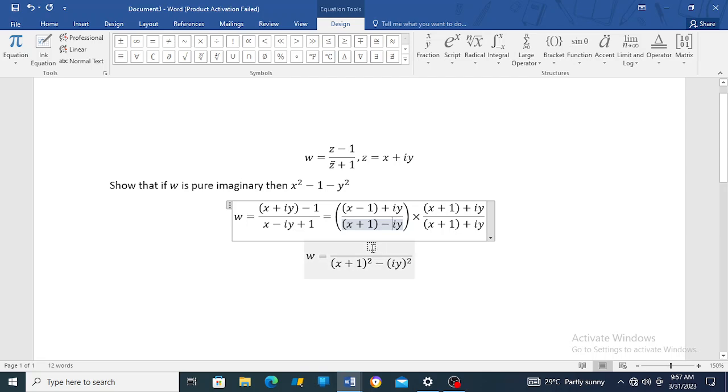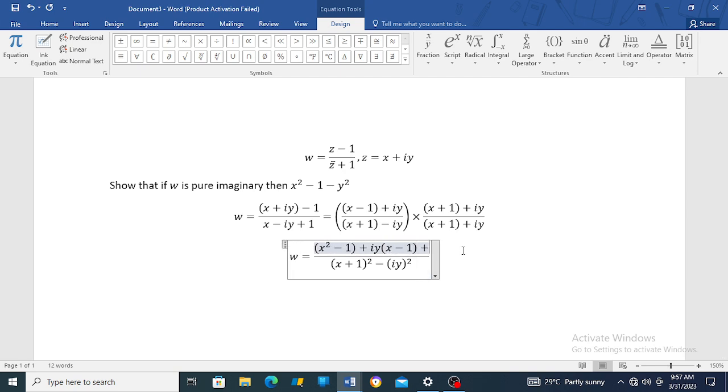Now the numerator we need to multiply. We multiply x minus 1 with x plus 1, it just gives you x squared minus 1. That's the difference of two squares. Next we multiply x minus 1 times iy, so you have plus iy into x minus 1. We multiply iy with x plus 1, we get iy into x plus 1, and finally we multiply iy with iy, it gives us i squared times y squared.